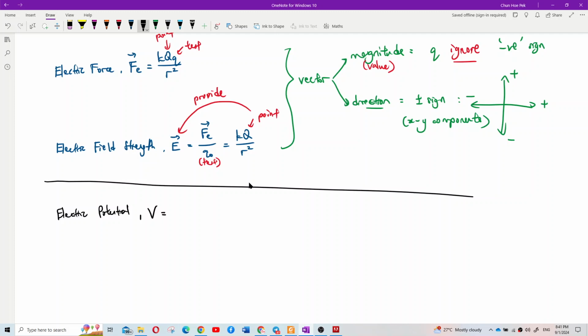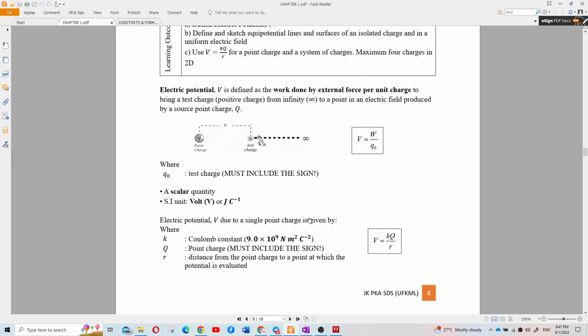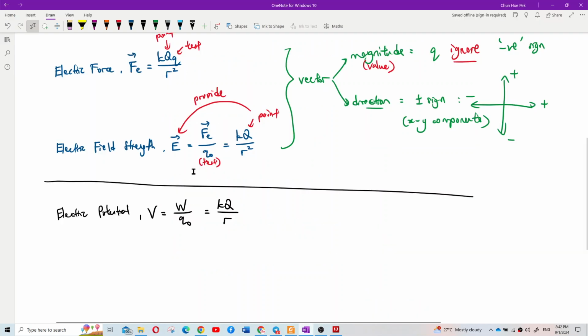We know that it is KQ over R, isn't it? Or we can say work done over test charge. Work done over test charge, or KQ over R. No R square. You see that?